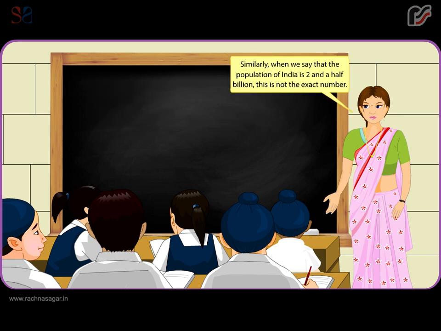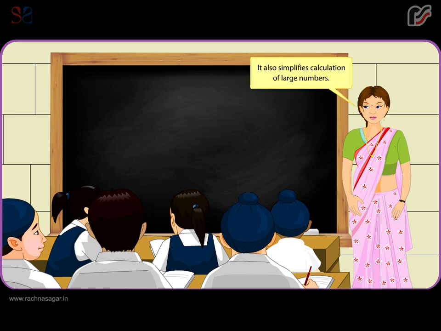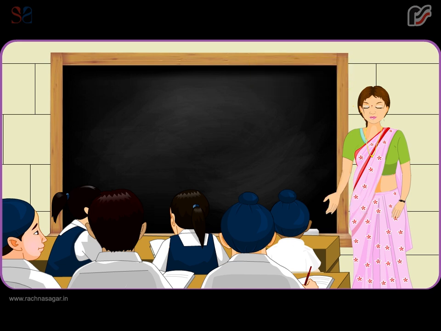Similarly, when we say that the population of India is 2.5 billion, this is not the exact number. The number of people must be close to 2 1 by 2 billion. Hence, it has been rounded to 2 1 by 2 billion. The above method is convenient and helps us to remember very large numbers easily. It also simplifies calculation of large numbers.